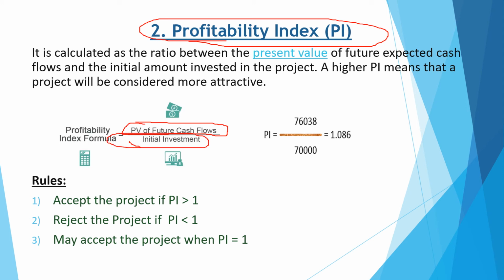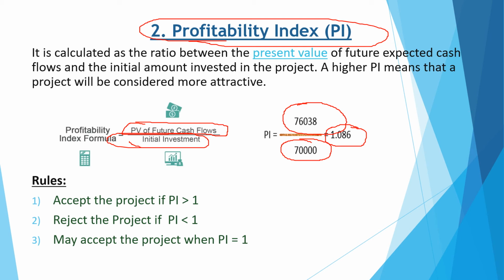Our total cash inflows, as we saw in the project, are 76,038 rupees, and our initial investment, as you remember, was 70,000. So we divide these two with each other, and our answer is 1.086.